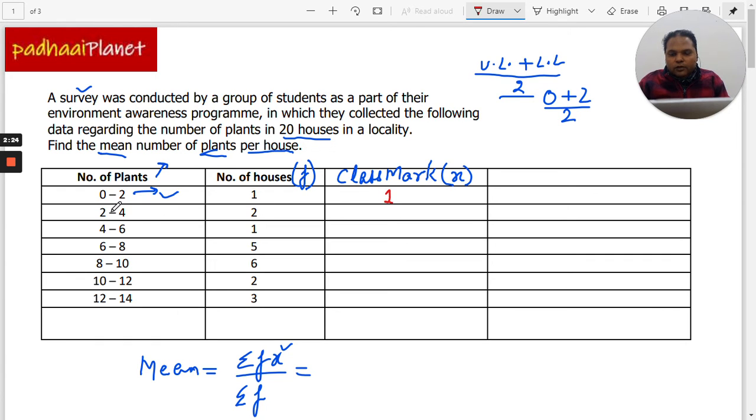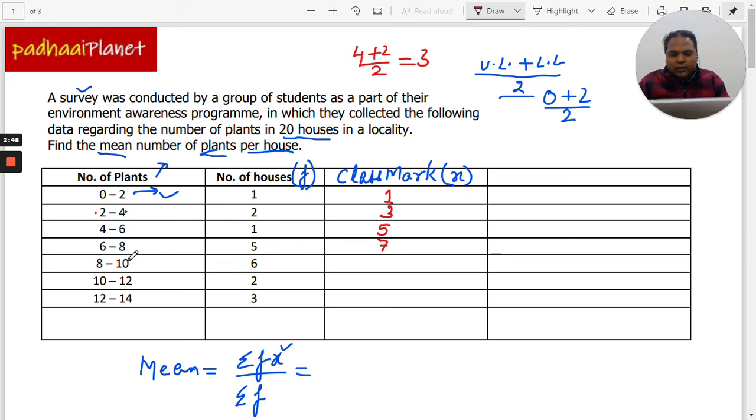Similarly, for this one, the upper limit is 4 and the lower limit is 2. So we can simply write 4 plus 2 over 2, so that's 3. Then we can write 5, and in this case it is going to be 7.